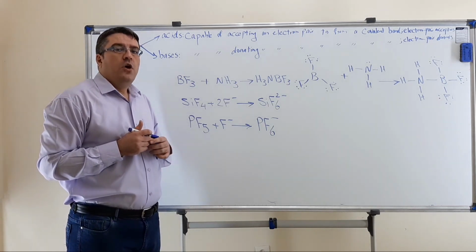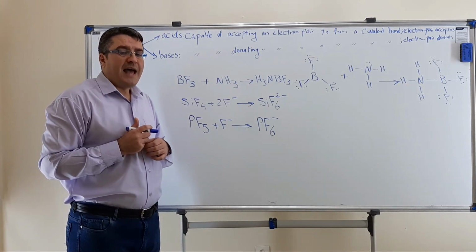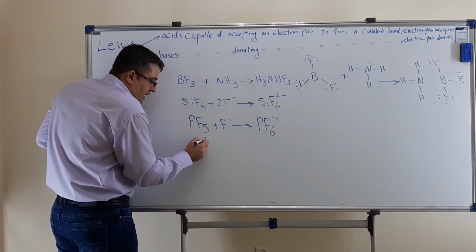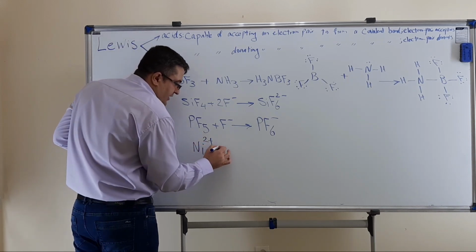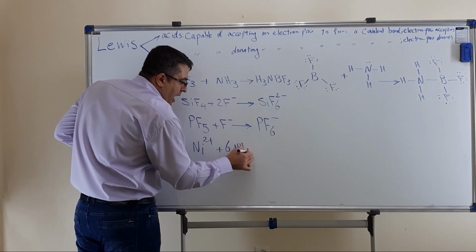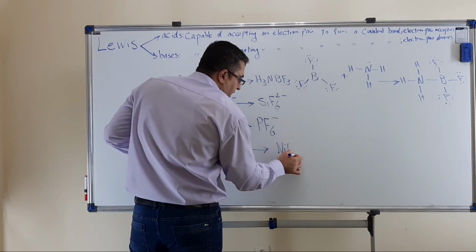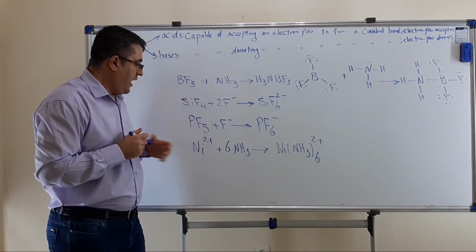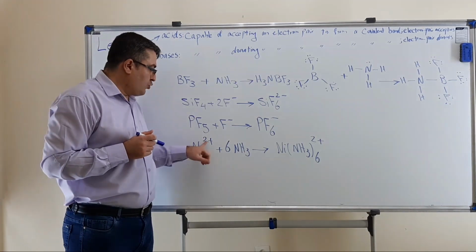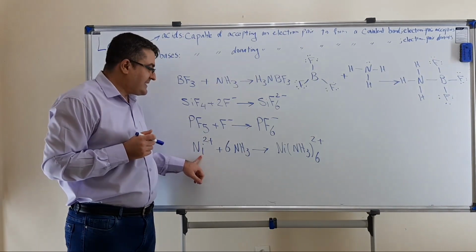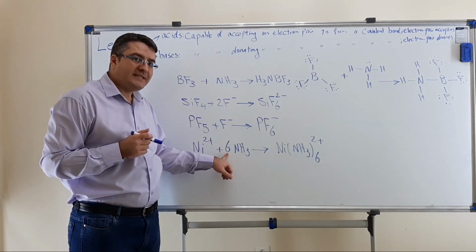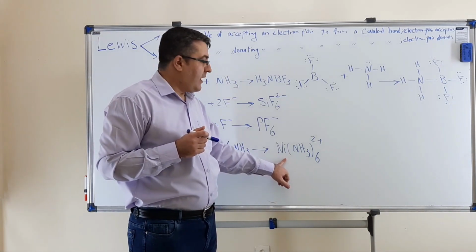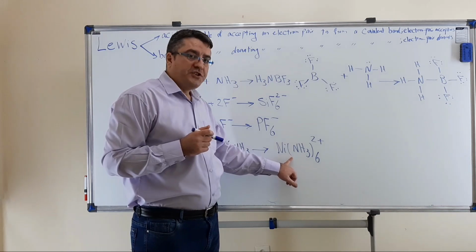Metal cations are also good candidates as Lewis acids. For example, in aqueous solutions, a Ni2+ cation can combine with 6 ammonia molecules to yield [Ni(NH3)6]2+. In this reaction, the Ni2+ nickel cation accepts 6 electron pairs from 6 ammonia molecules to yield this, which is a coordination entity and studied in coordination chemistry.